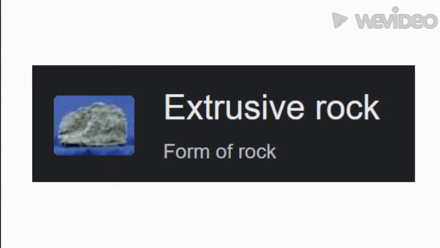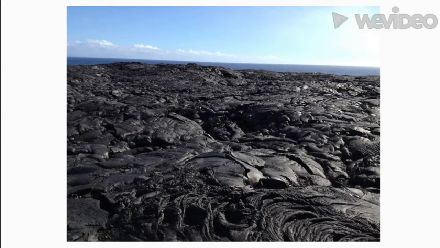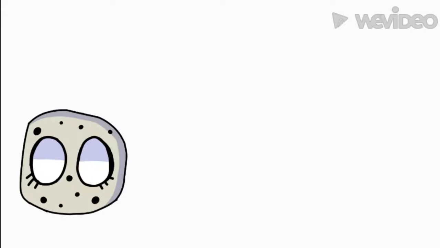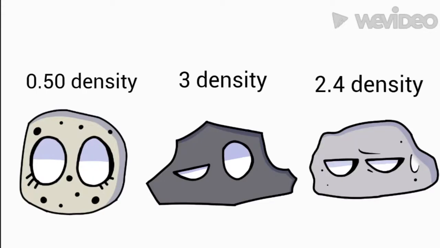Obsidian is extrusive, meaning that the magma they were in was moved onto the surface and they had to form there, and because of this, obsidian didn't have that much time to cool down and form into a usual rock. No, they cooled so fast that almost no crystals formed and they became very smooth. Although some extrusive rocks, like pumice, basalt, and rhyolite, have completely different textures and weights.